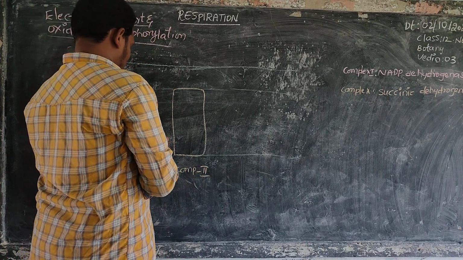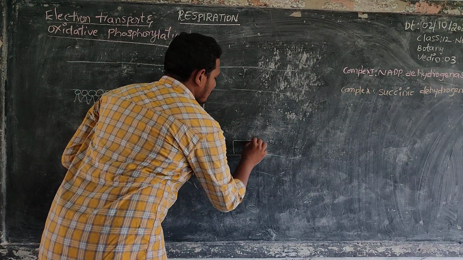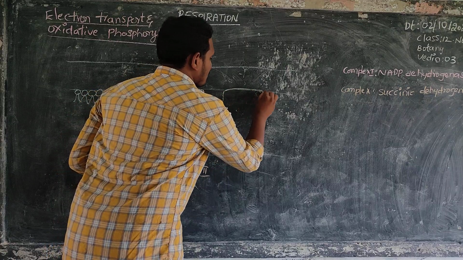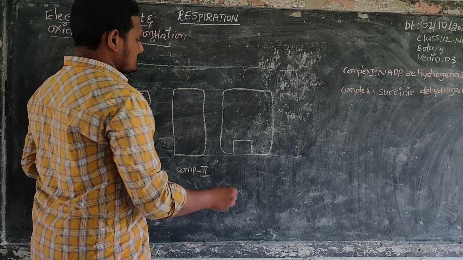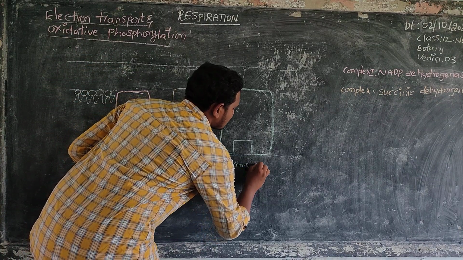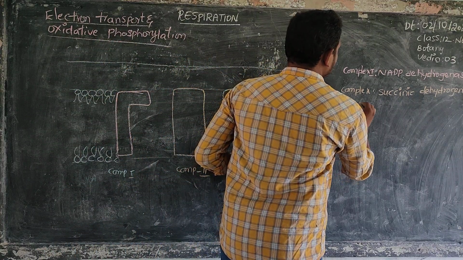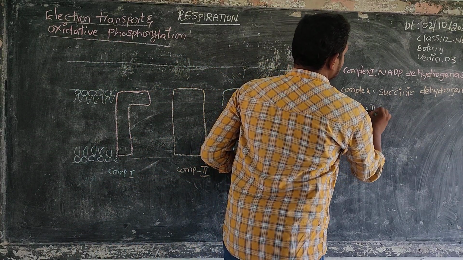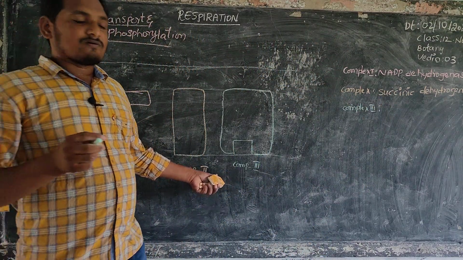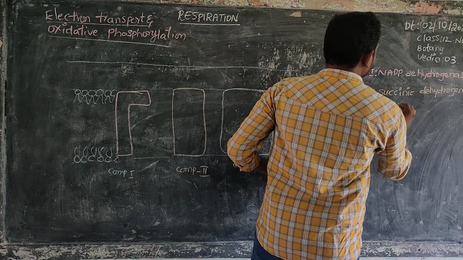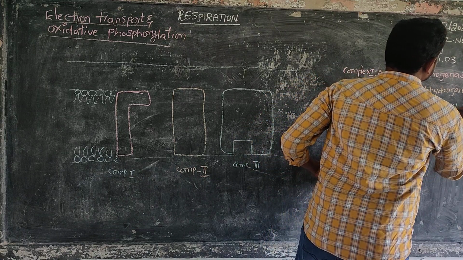And the third system, or complex 3, is also called cytochrome BC1 complex.